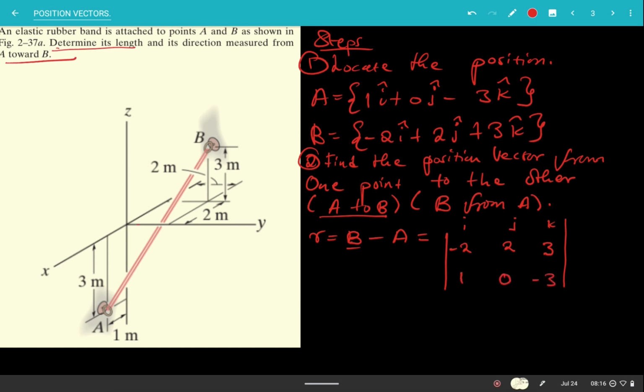And the sign of action is the subtraction sign. Then I'll do my computation. I'll say minus 2 minus 1. So this will give us negative 3. Then negative 2 minus 0. This will give us negative what?